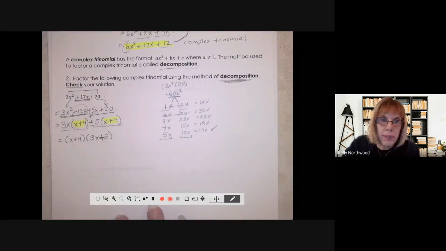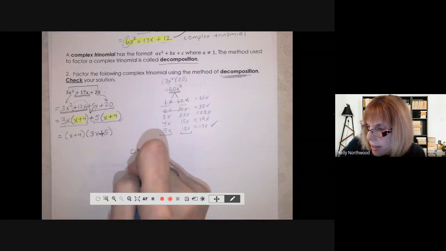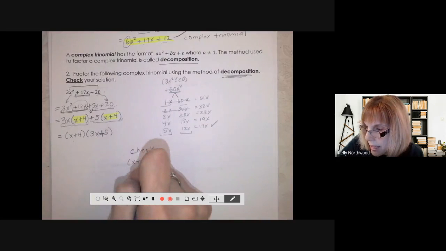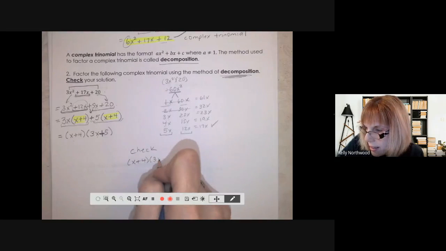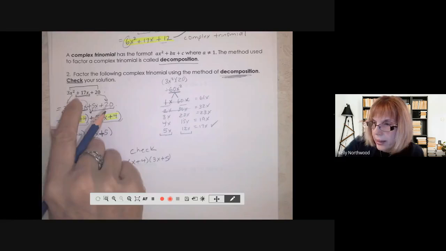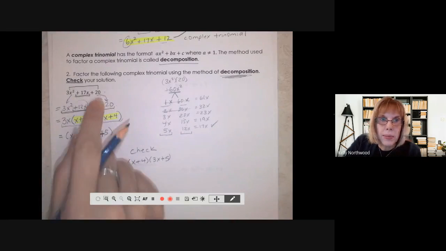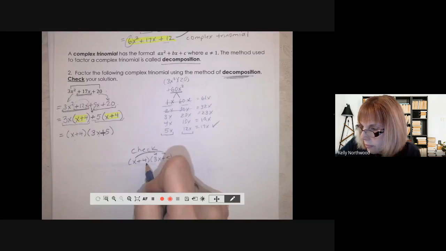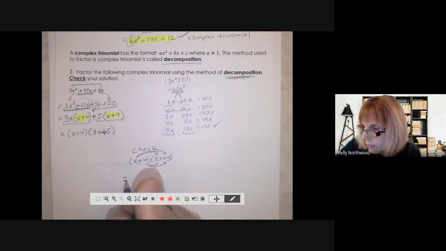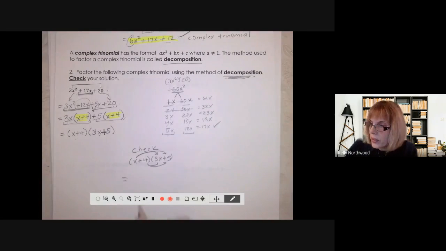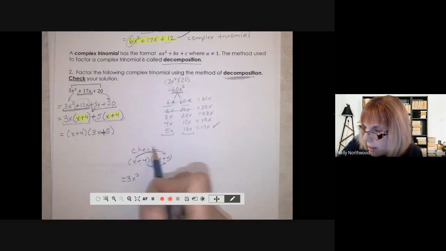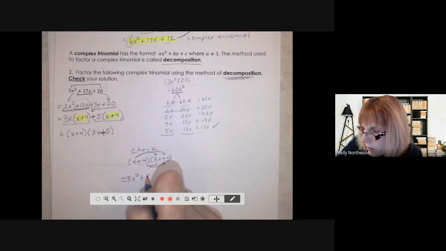Okay, so now we're going to check and make sure that that's the answer. So to check it, we would use FOIL. So we're going to expand this and make sure we get back 3x squared plus 17x plus 20. So x times 3x first is 3x squared. X times positive 5 is positive 5x.